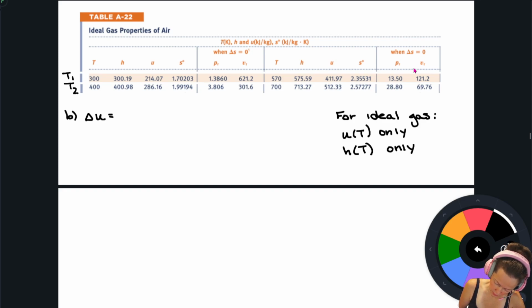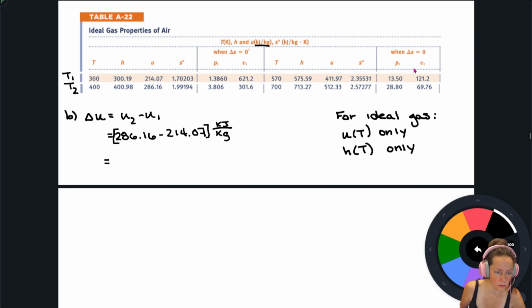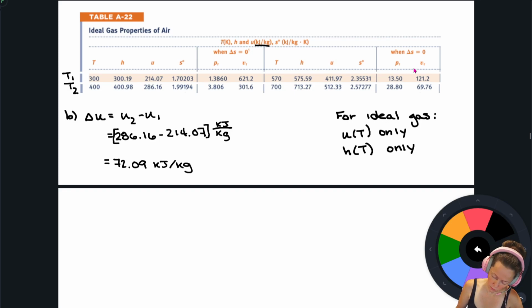So here this would be U2 minus U1. 286.16 minus 214.07. And the units on here are going to be kilojoules per kilogram. So I end up getting 72.09 kilojoules per kilogram.